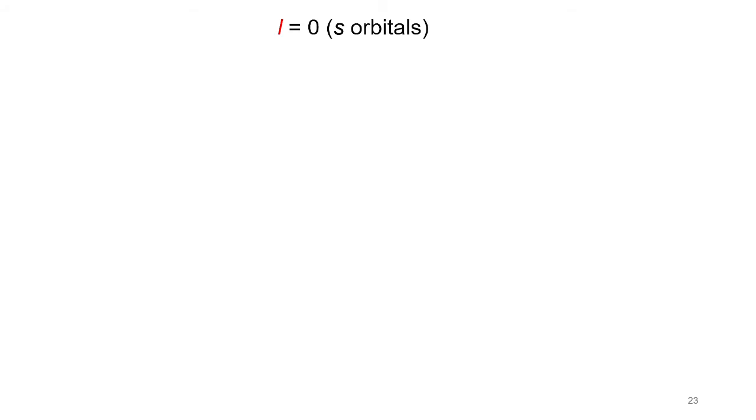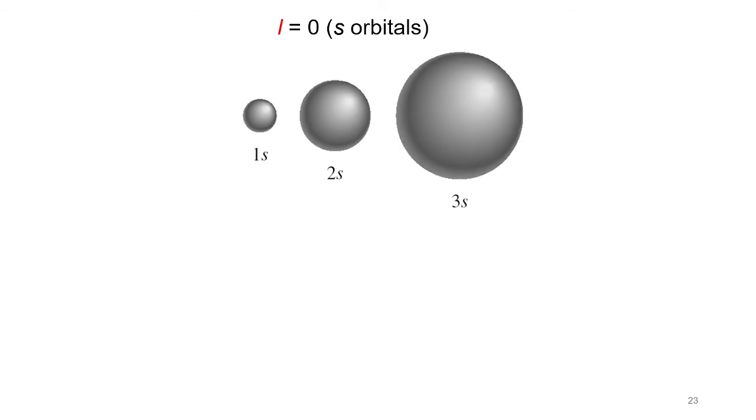Okay. So going back to the space or the shape of the quantum numbers. The s orbitals look like spheres. The p orbitals look like spheres that are somehow linked to each other.